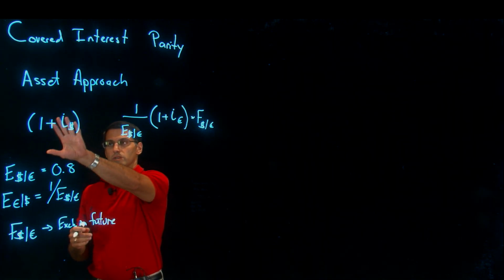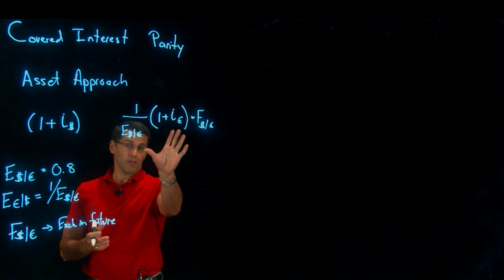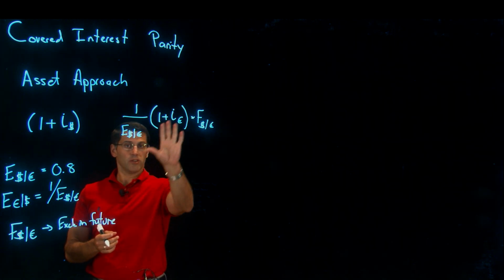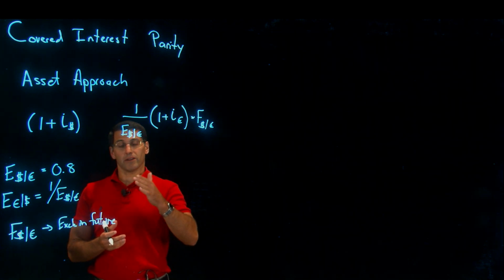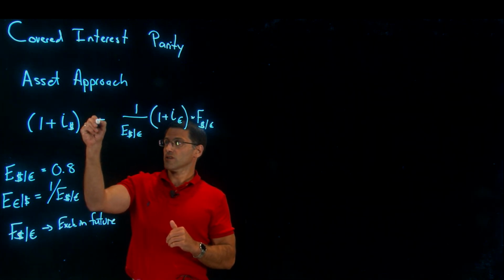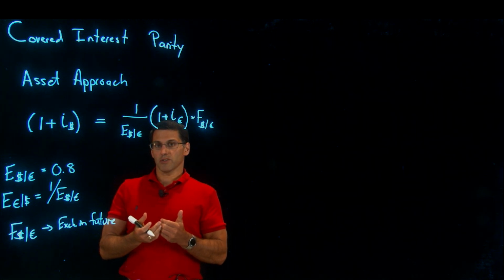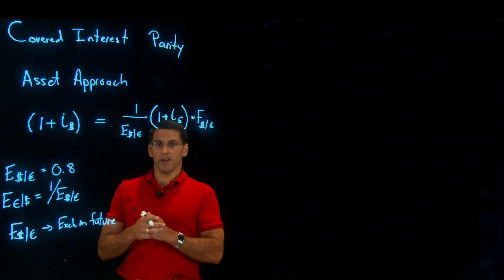So on the left-hand side, that's the return if I just invest my dollar in the US bank. On the right-hand side, that's my return if I invest that dollar in the French bank, and it's the total return, that is, once I've converted it back into dollars. What covered interest parity says is that those two returns need to be equal. If they're not equal, then that means people would rather have their money in one place. So let's say that the return on dollar deposits is higher than it is on euro-based deposits, right?